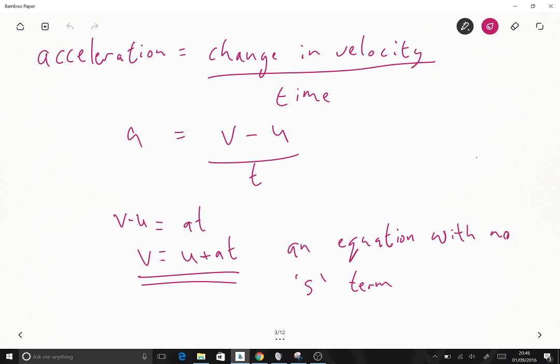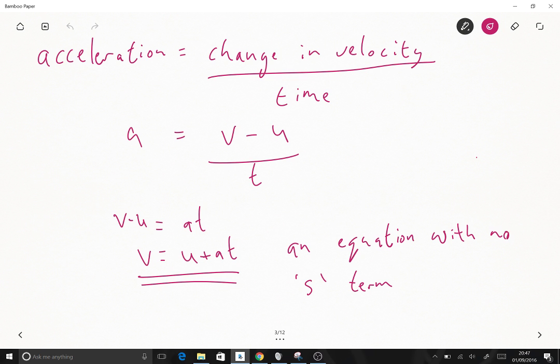Now you can rearrange it. You can take the t up to the a, multiply both sides by t, and you get v minus u equals at. And you can then rearrange a little bit more to get rid of this minus u, just to make it a little bit more pretty.